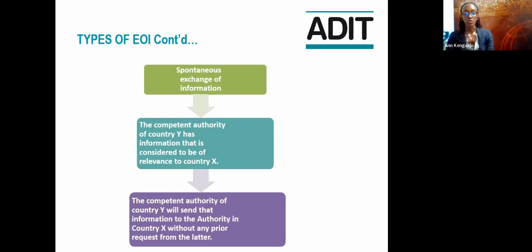So I'll just mention one of the instances where spontaneous exchange of information may be used, and that's where the competent authority or revenue authority of one member state supposes that there may be a loss of tax in the other member state, and it has information to aid the other state discover the information that may be lost.